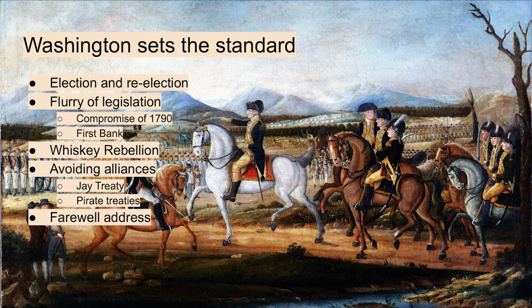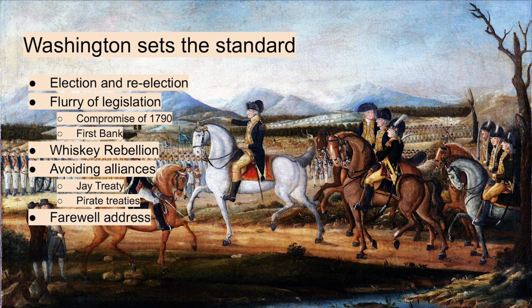We often think of Washington as one of our best presidents, but at the time, by his second term in office, he was seen as a failure. He had turned away from our allies. He had started negotiating with pirates. And he had freaking led an army against his own citizens.